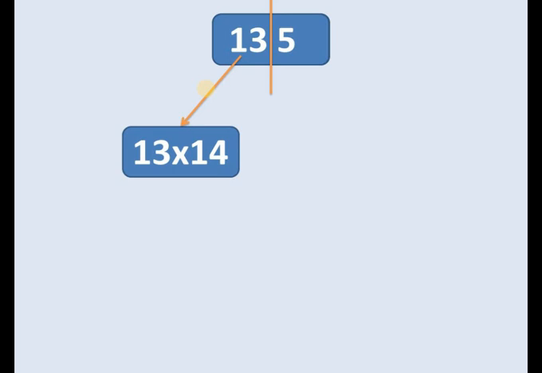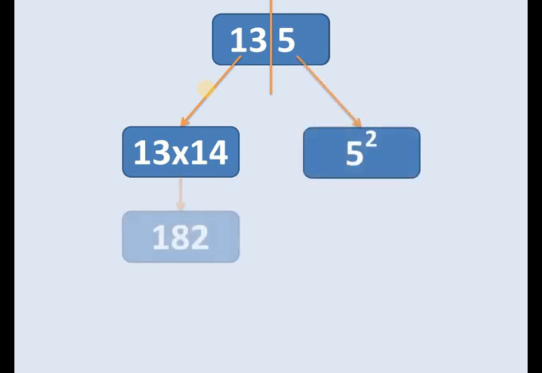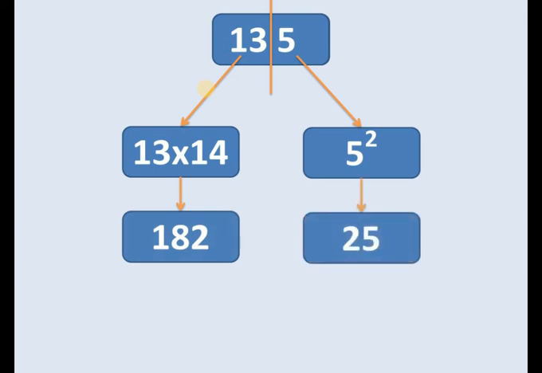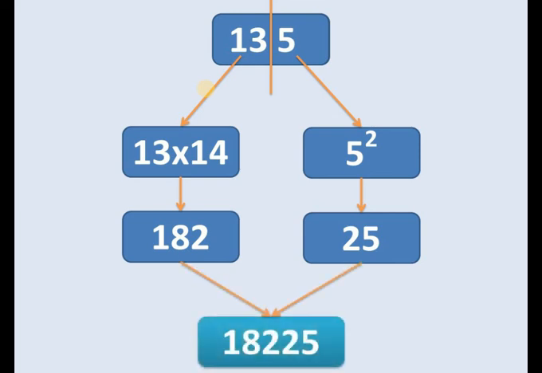This time we will try to calculate the square of 135. In this case, we will separate 13 and 5. 13 will be multiplied by 14, the next number to it, and 5 will be squared. So 13 into 14 is 182 and 5 square is 25. So the square of 135 is 18225. See how easy we can calculate squares.